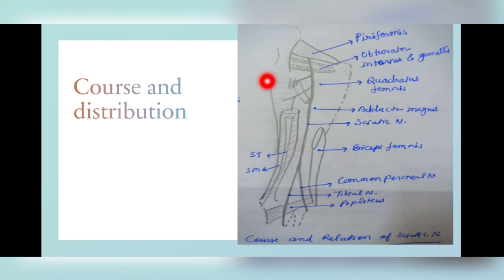The nerve supply of the ischial part is the tibial part of sciatic nerve, and the nerve supply of the adductor part is the posterior division of obturator nerve. So adductor magnus has dual nerve supply. This is why adductor magnus is called a hybrid muscle.